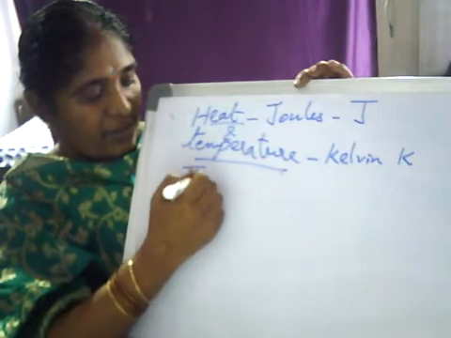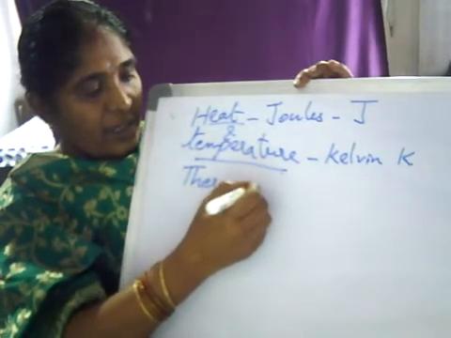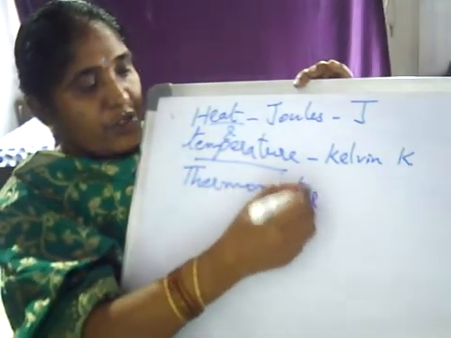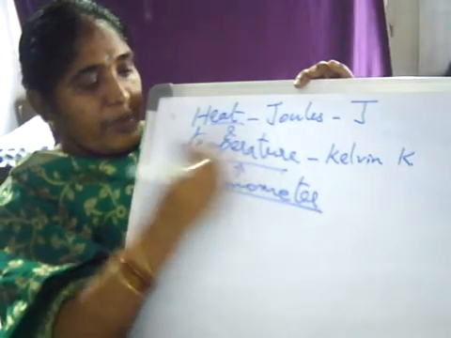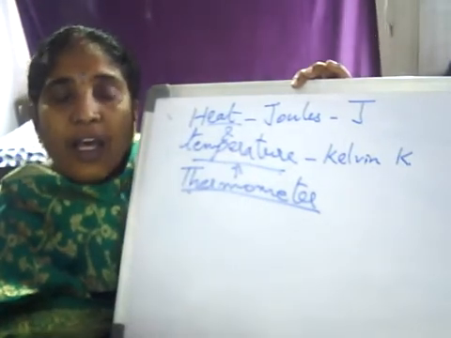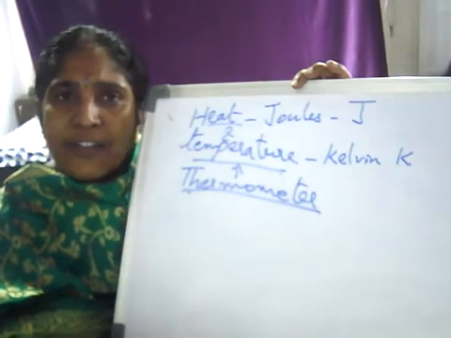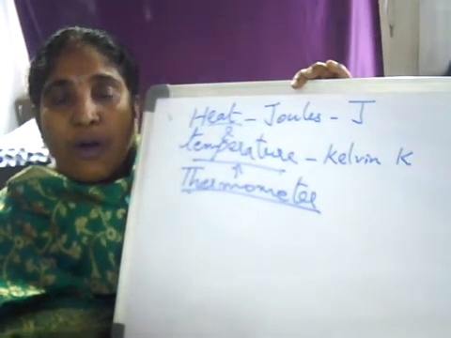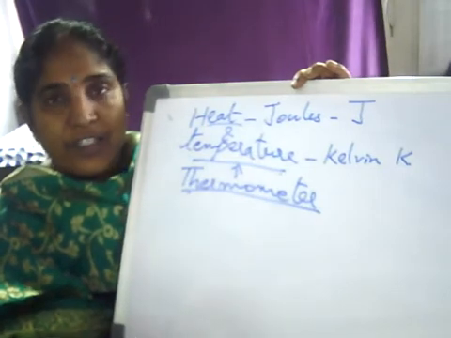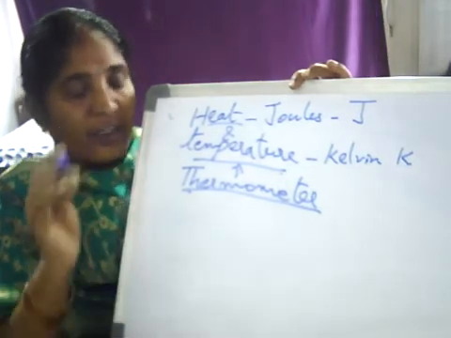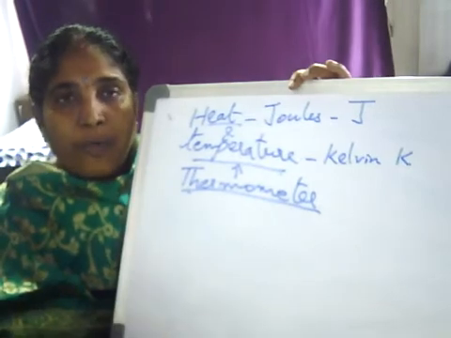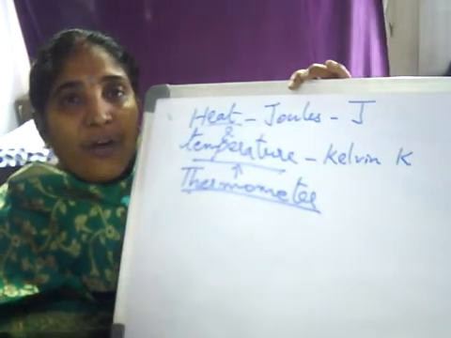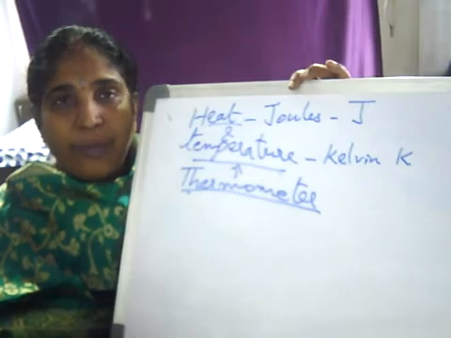So, a thermometer is used to measure temperature. Now, what does this thermometer consist of? How is it measuring the hotness or coldness of an object? We are going to discuss now the parts of the thermometer.